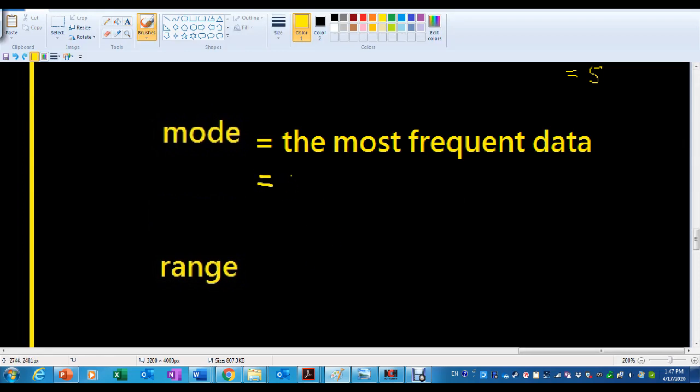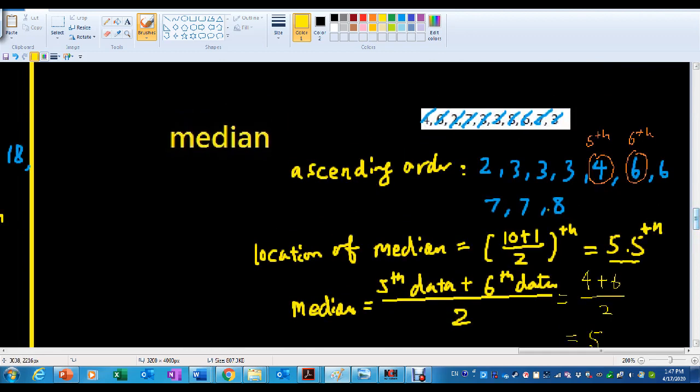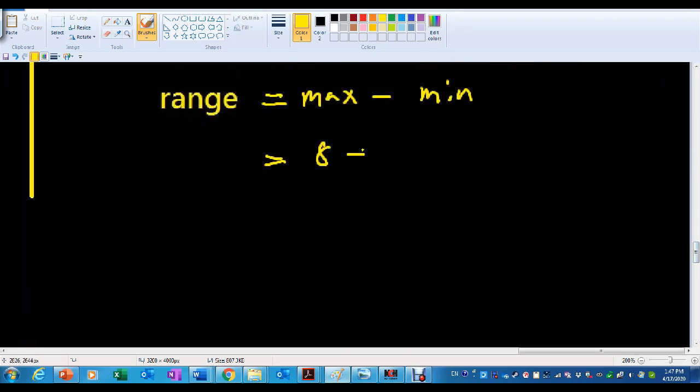And the range is always maximum take away minimum. When you look back, the maximum here should be 8, and the minimum should be 2.